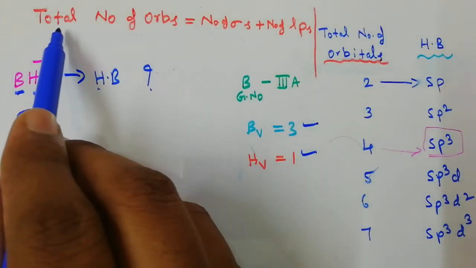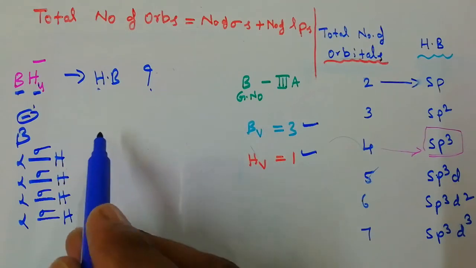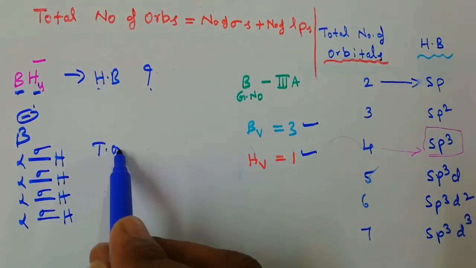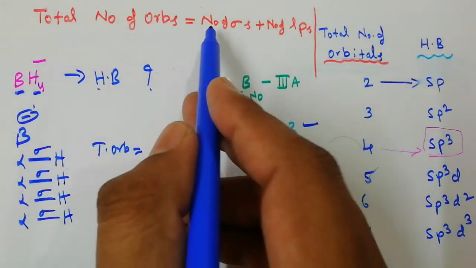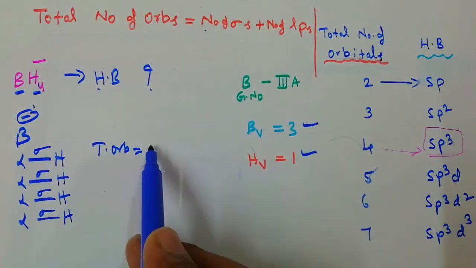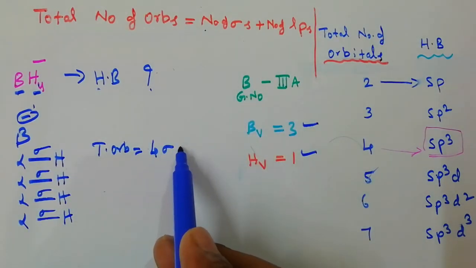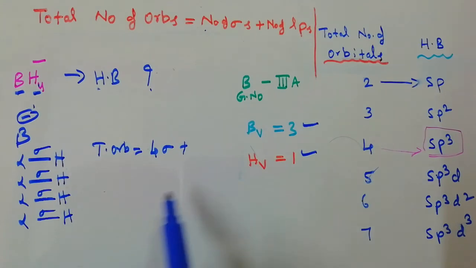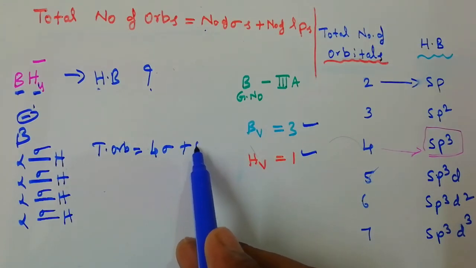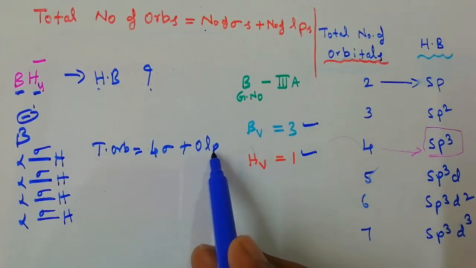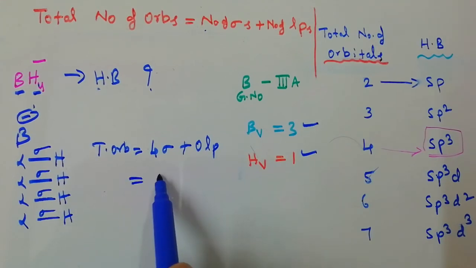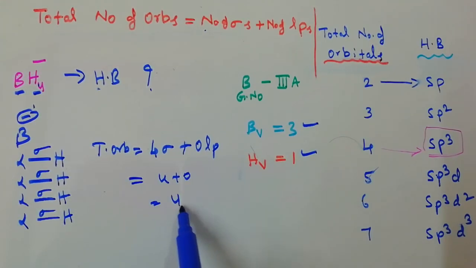Now go for the formula. Total number of orbitals is equal to the number of sigma bonds plus lone pairs. We have 4 sigma bonds, and we don't have any extra lone pairs, so 0 lone pairs. LP stands for lone pairs. So 4 plus 0, finally 4.